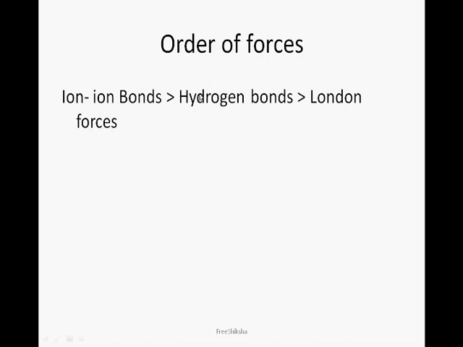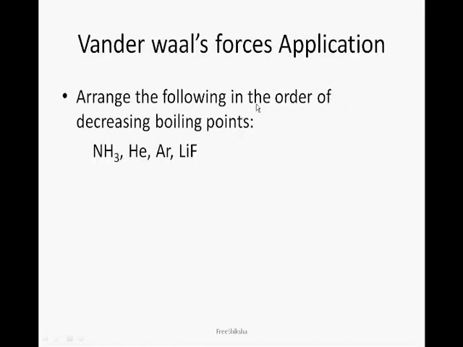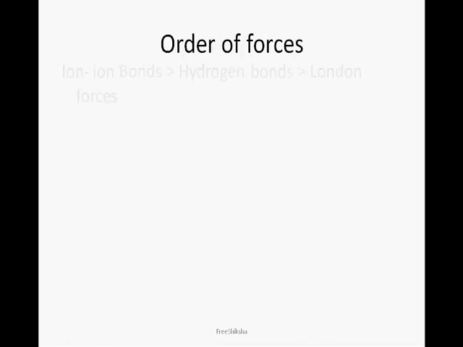And we know that hydrogen bonding comes second in the order of strength of forces. So lithium fluoride has the maximum boiling point, and the second will be NH3, because it has hydrogen bonding, and helium and argon do not have hydrogen bonding.